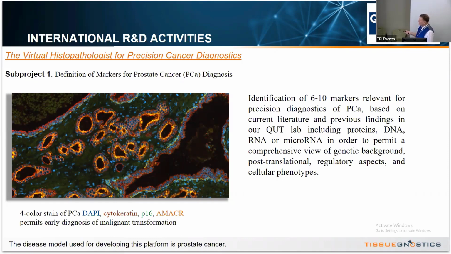So we are working here on a linker technology, which allows us to reversibly link and remove the fluorochromes from the antibodies, and this should work in a quick manner. One approach, for example, is photobleaching, but this has a lot of disadvantages.